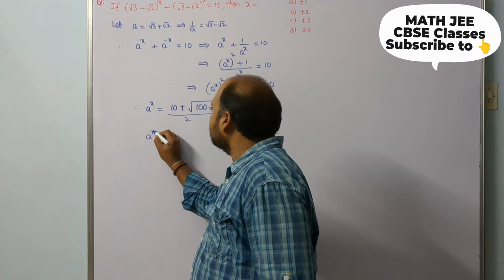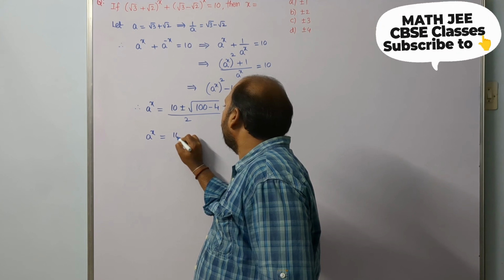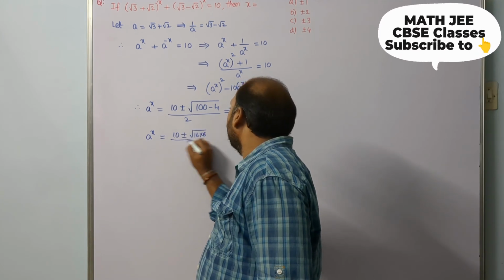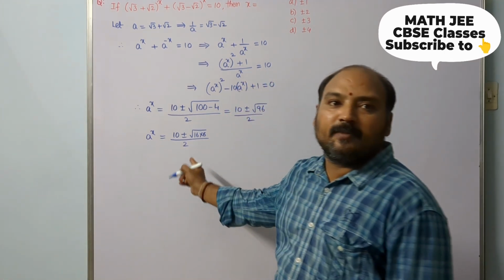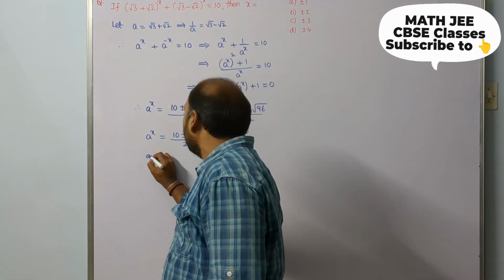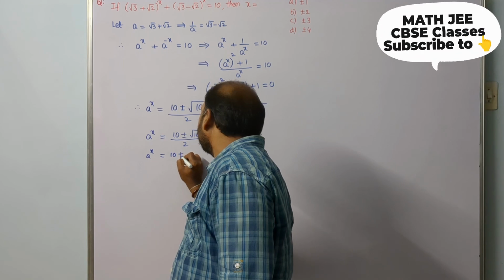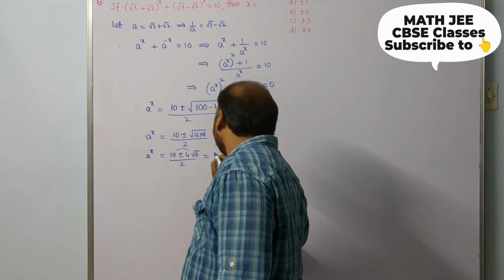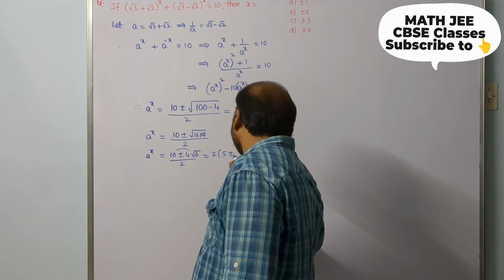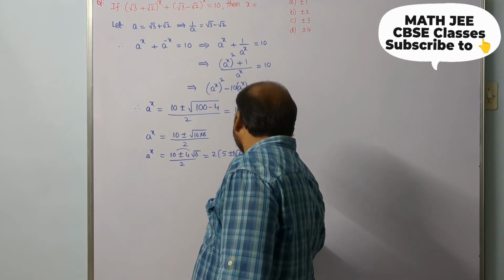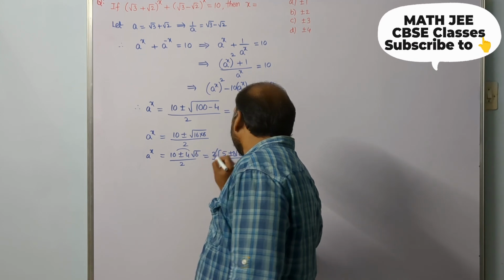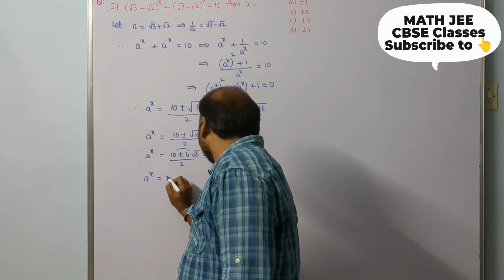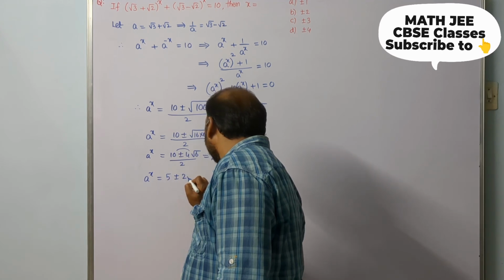So a power x is equal to 10 plus or minus root of 16 into 6 divided by 2. 16 brought outside of the root will become 4. A power x equal to 10 plus or minus 4 root 6 divided by 2. Take 2 common and cancel: 5 plus or minus 2 root 6. So a power x equal to 5 plus or minus 2 root 6.